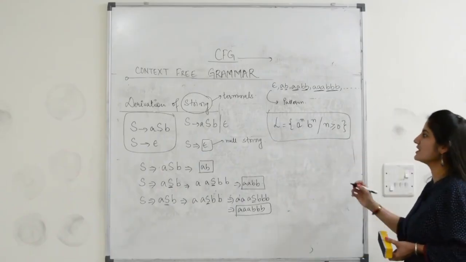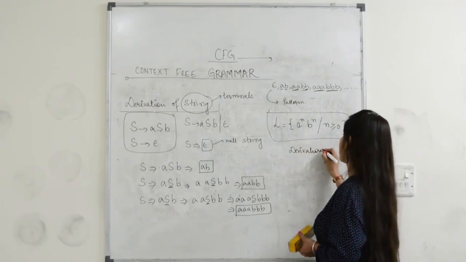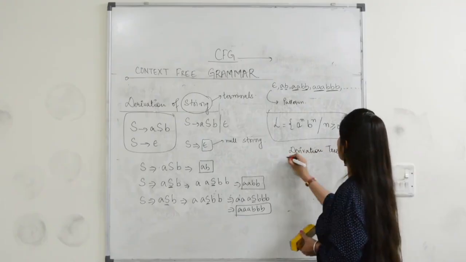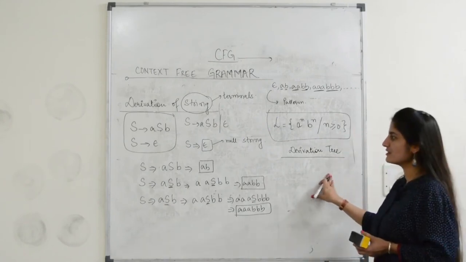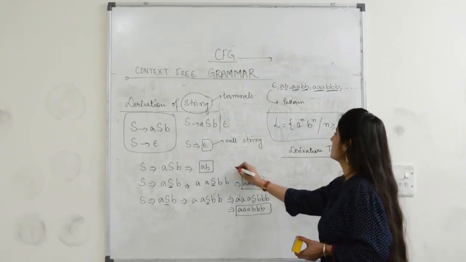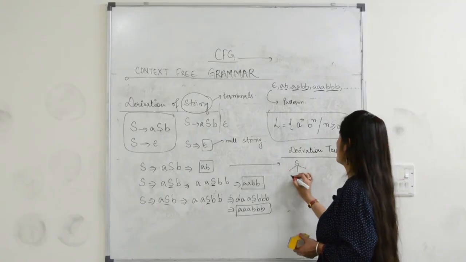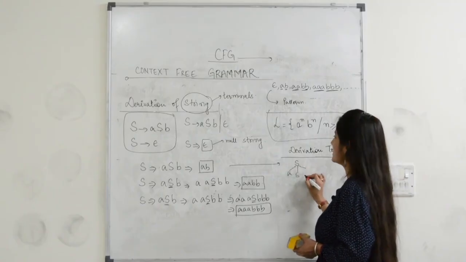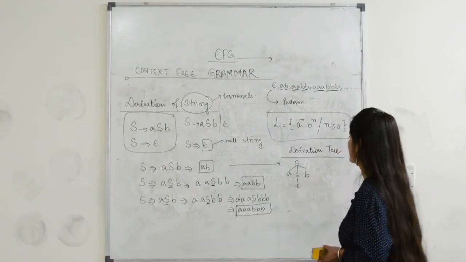Now coming to the derivation tree. While deriving a string, we can also make the derivation tree for that. And how will we do that? For the first string, the derivation tree will look like this. S will give rise to ASB, and at the place of S I have put epsilon.